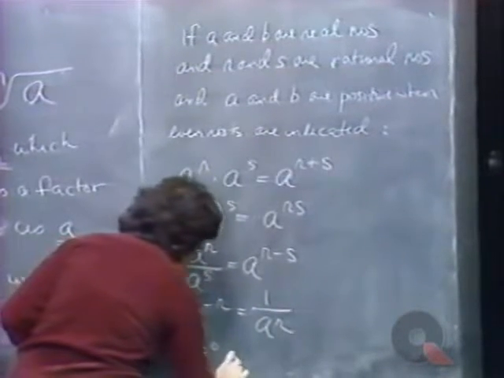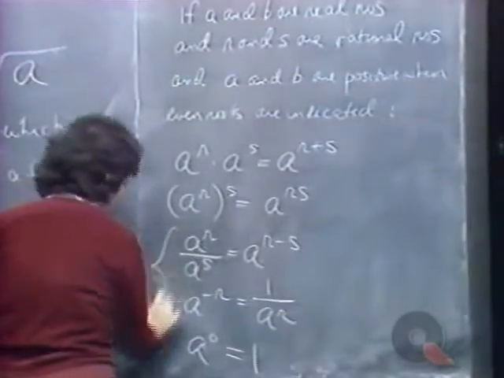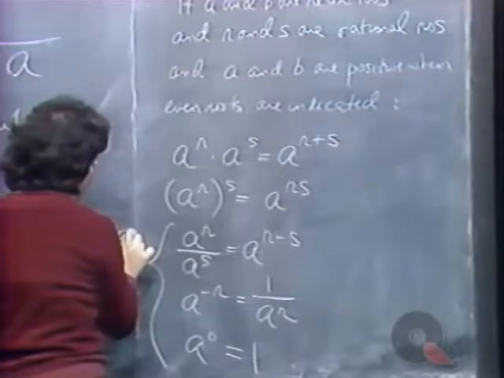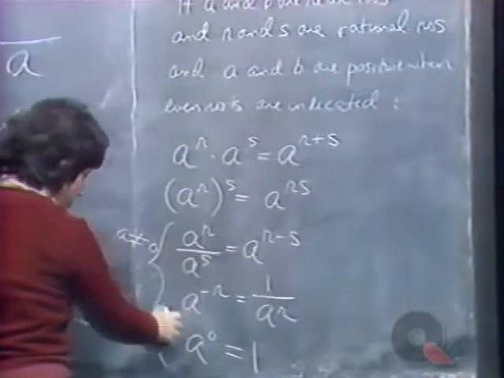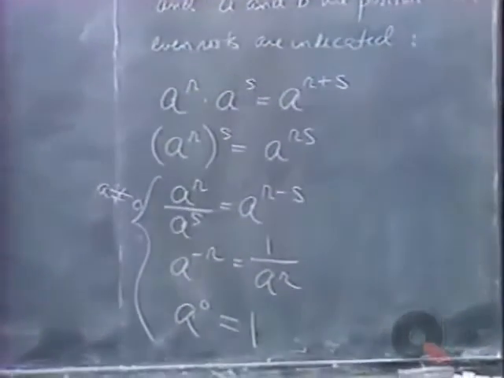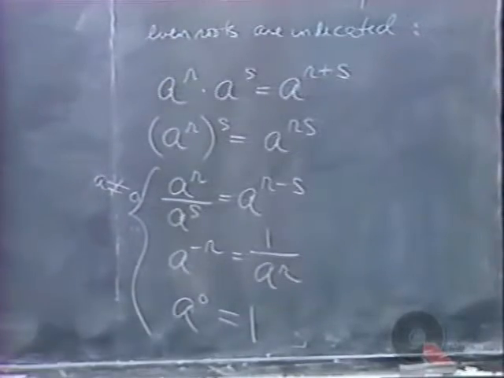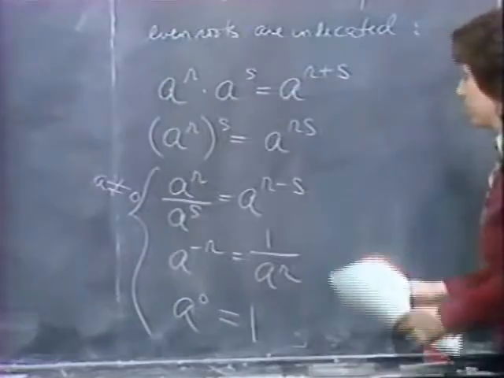A to the 0 is 1. In these, we will assume that a is not 0, because we wouldn't want to have division by 0. And the definition for a to the 0 equal to 1 was also only if a was not 0. 2 more rules.